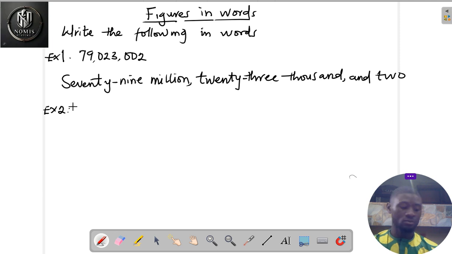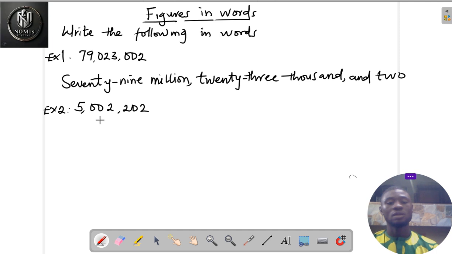So let's take another example. Example number 2. This time we have 5,002,202. So how do I write this? This is just a million in place value. That is, the first digit on the left hand side is the place of million. So we just write 5 because it's 5 that we have there.